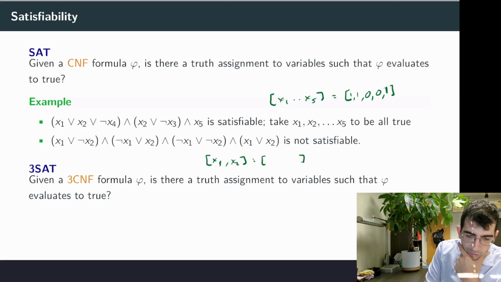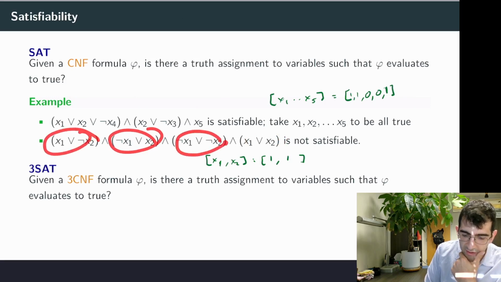So for instance, if x1 and x2 are 0, 0, then this clause is satisfied, this clause is satisfied, this clause is satisfied, but this clause is not satisfied. Similarly, if x1, x2 are 1, 1, then this clause is satisfied, this clause is satisfied, this clause is satisfied, but this clause is not satisfied.